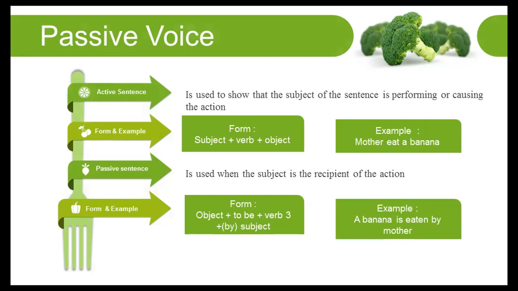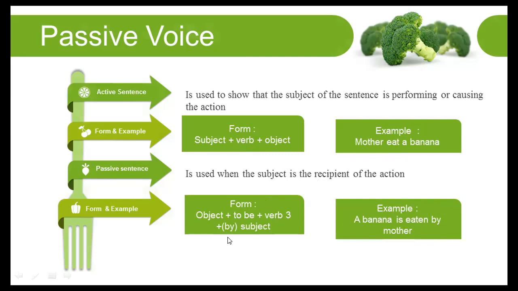And for the verb, because the form is verb 3, we change the verb in the active sentence to verb 3 or past participle. We change it to verb 3, to be eaten. Okay, don't forget to put by.